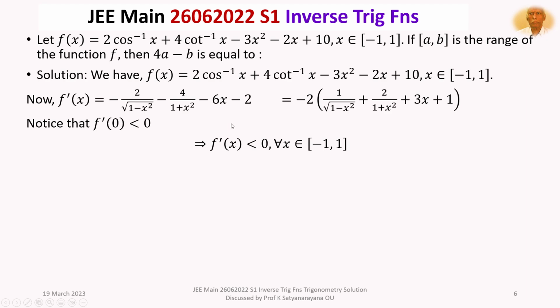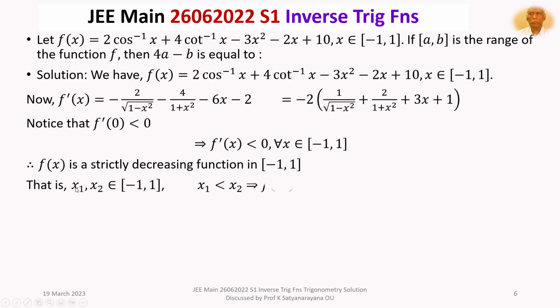This implies f prime x is negative for all x belongs to the closed interval minus 1 to plus 1. So this implies f of x is a strictly decreasing function in the closed interval minus 1 to plus 1.